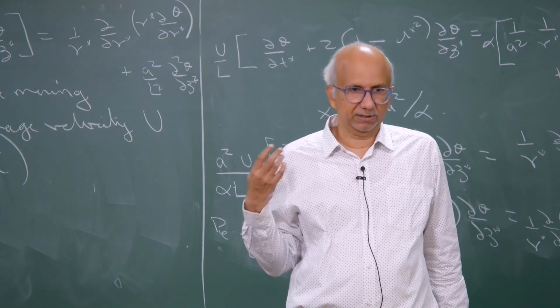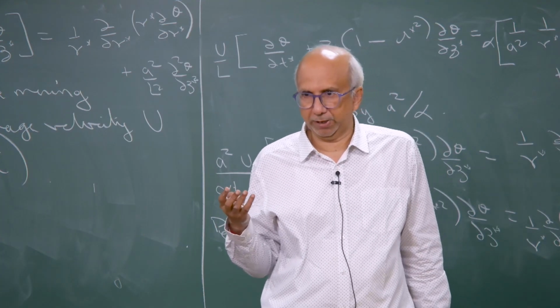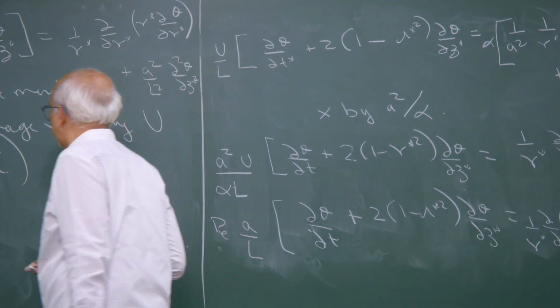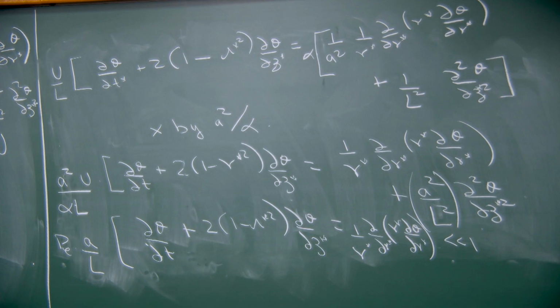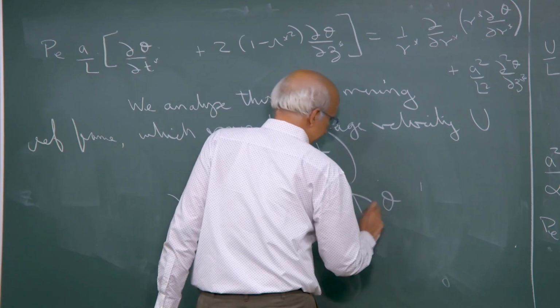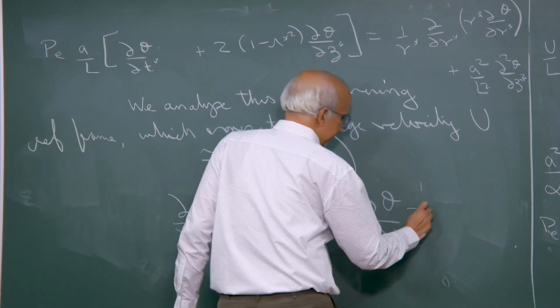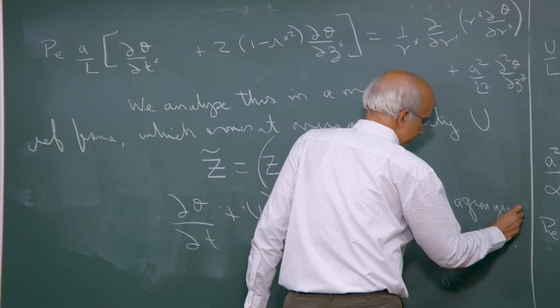So, basically what I am trying to do is shift to a Lagrangian reference frame, and in the Lagrangian reference frame, d theta by dt plus u d theta by dz is your D theta by Dt. This is Lagrangian.